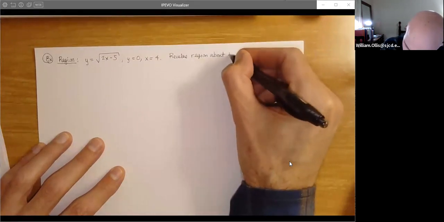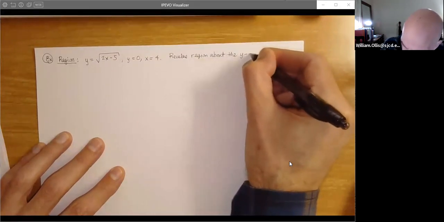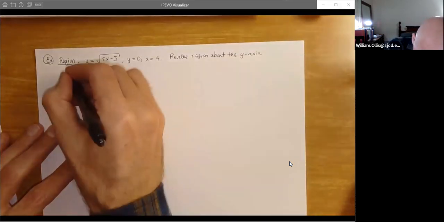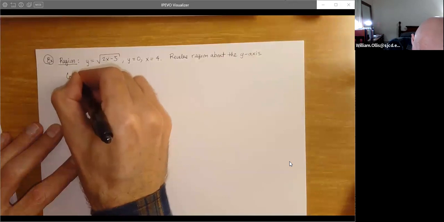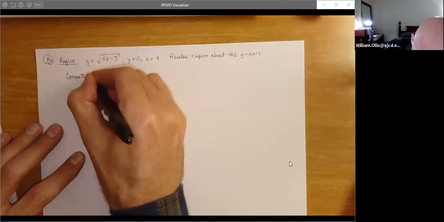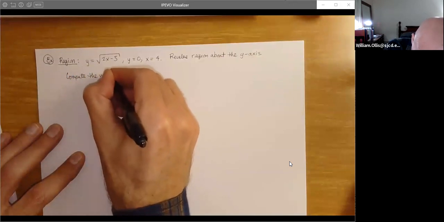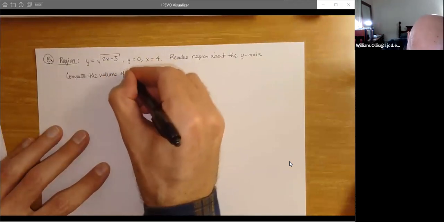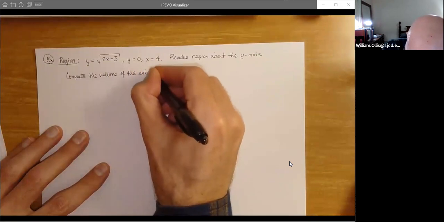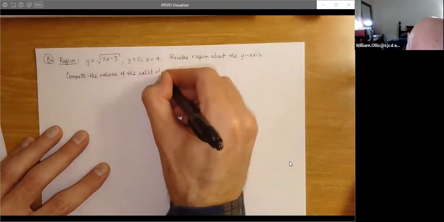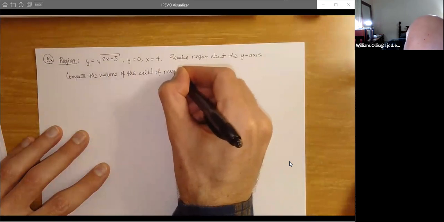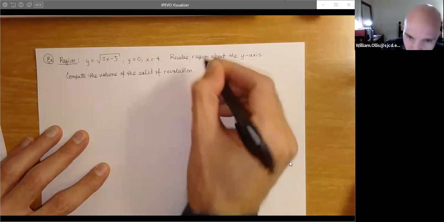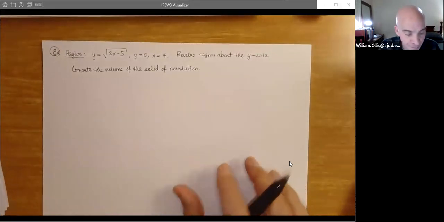Well, no, in this case, let's go ahead and do the y-axis, about the y-axis, and then compute the volume of the solid of revolution. Lots of words. You can think, well, just compute the volume if you know the context.